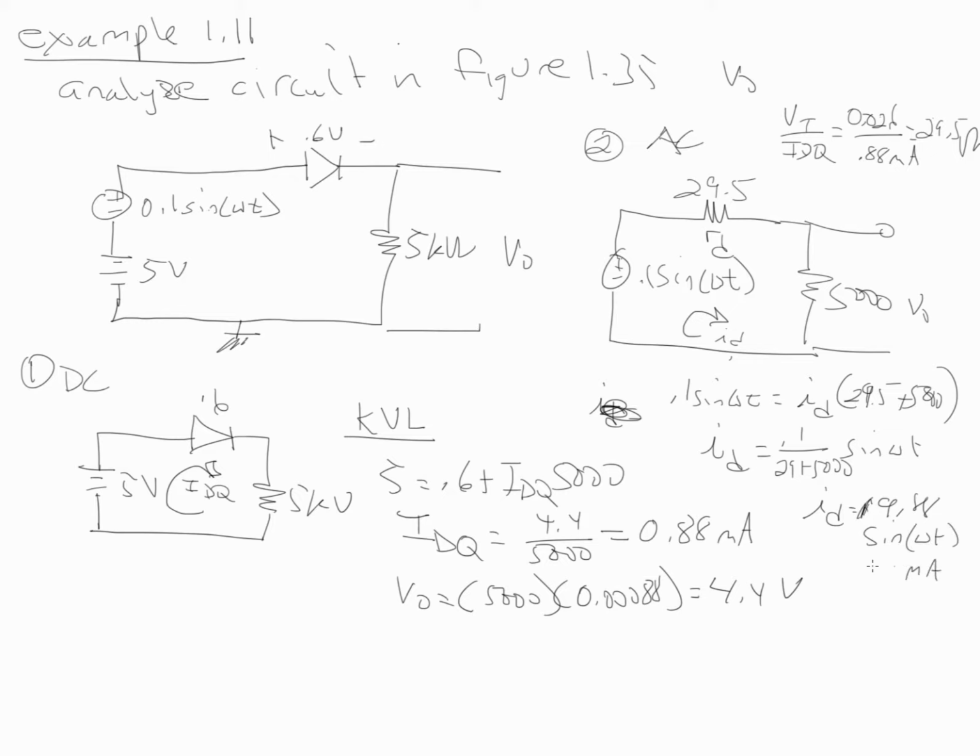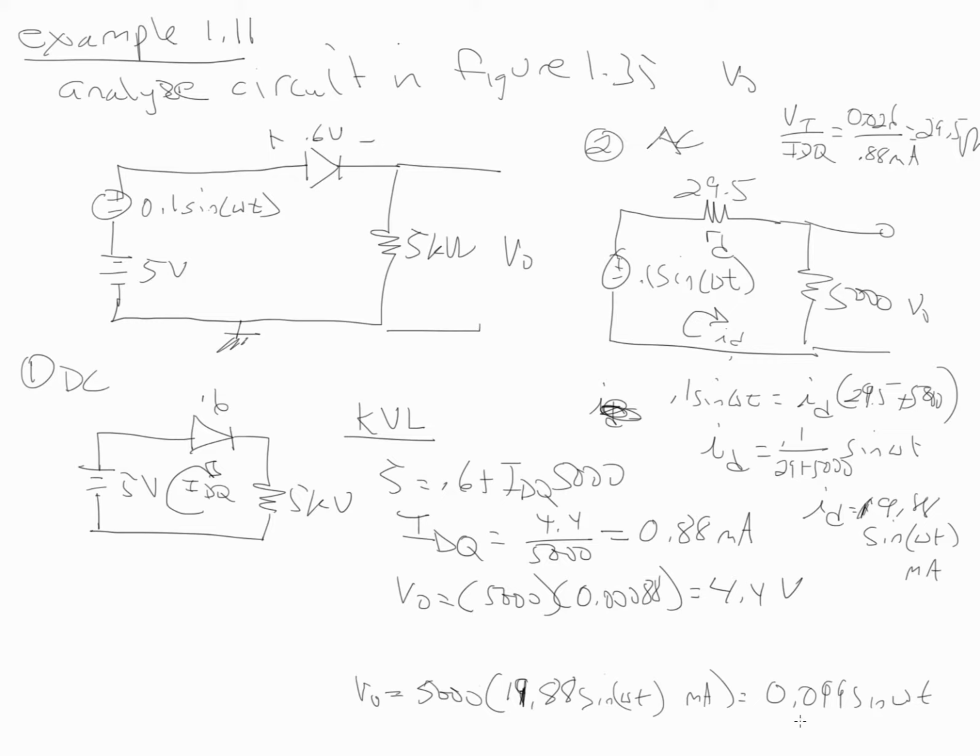microamps. And then if you wanted to do your little V out, you just say it's 5,000 times this 19.88 sine omega t microamps, which comes out to be 0.099 sine omega t.